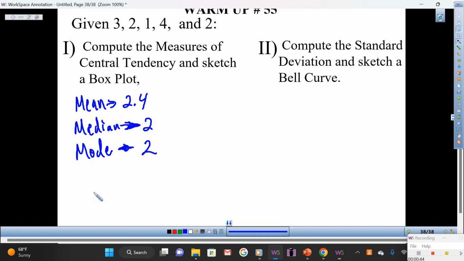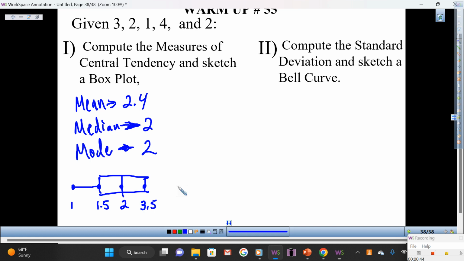Start with whatever you use for the box plot. 1, which is the minimum. 1.5, which was Q1. 2, which is Q2. 3.5, which is Q3. And 4 for the max. Hands if you got something like that. That's about right.